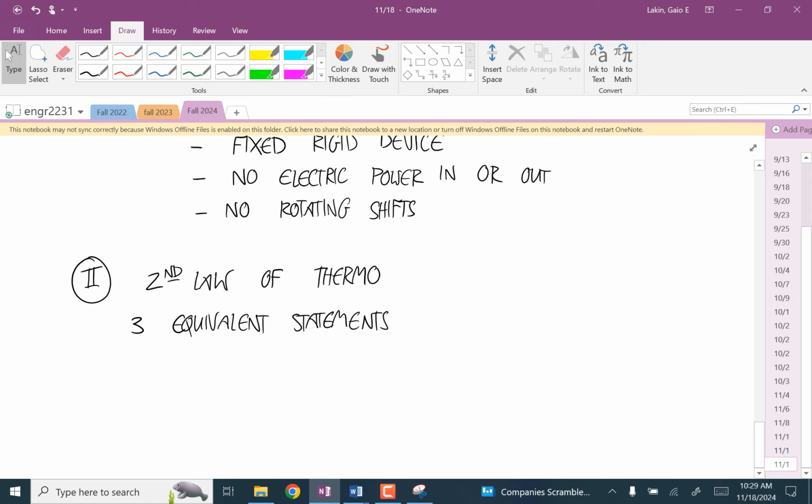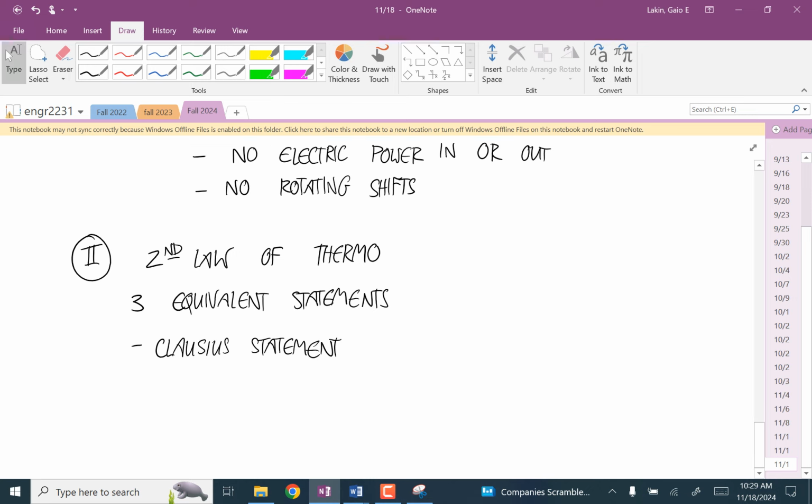The first one is the Clausius statement. And really, the usefulness of the Clausius statement isn't mathematical at all. It's just to ground yourself on that all of this comes from a very reasonable assumption that makes sense to all of us. This is just the one that says heat always transfers spontaneously from high temperature to low temperature.